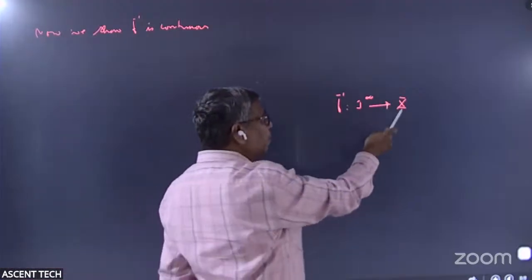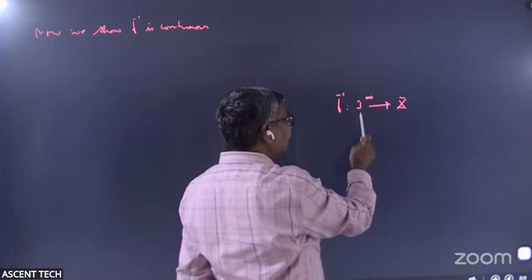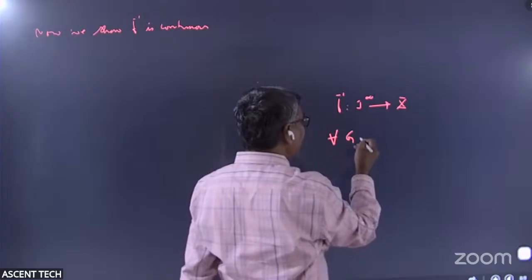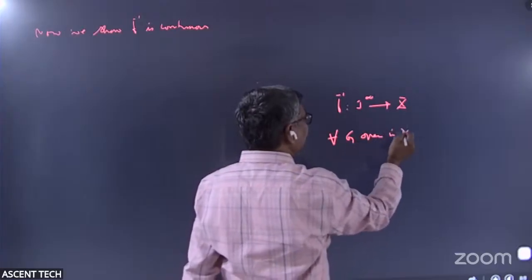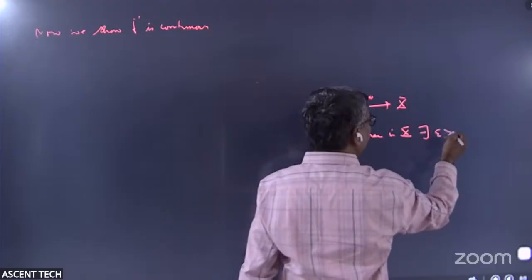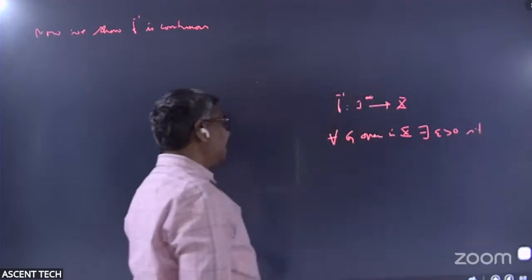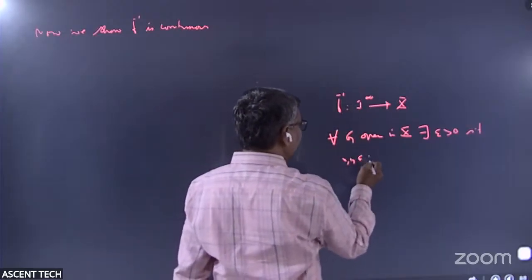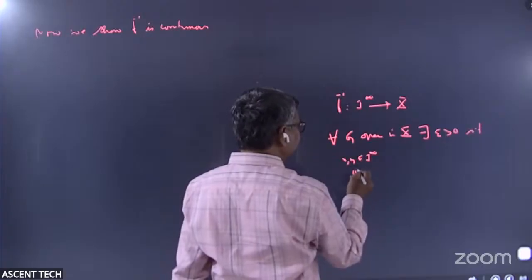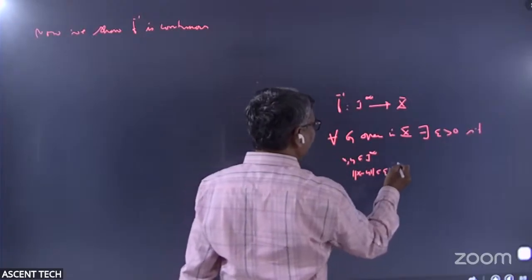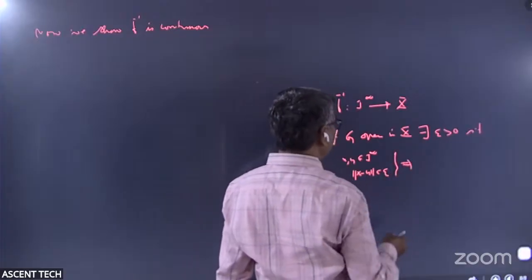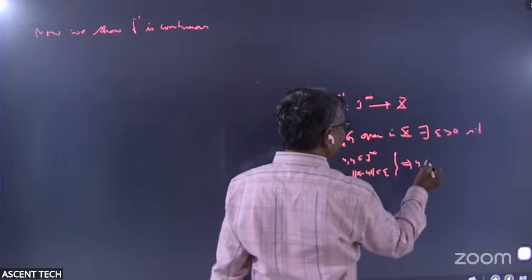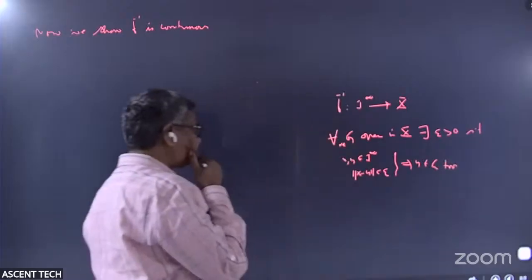That means for every open set G, open in X, you want to find an epsilon greater than 0 such that, whenever I take two quantities x and y in I infinity, and the distance between x and y is less than epsilon, then I have to show that maybe x is in G, and then y is in G too, something like that.